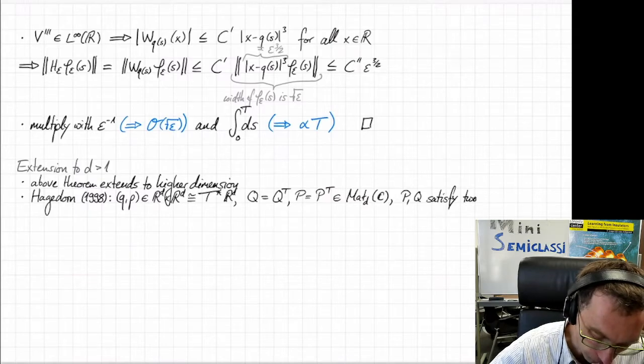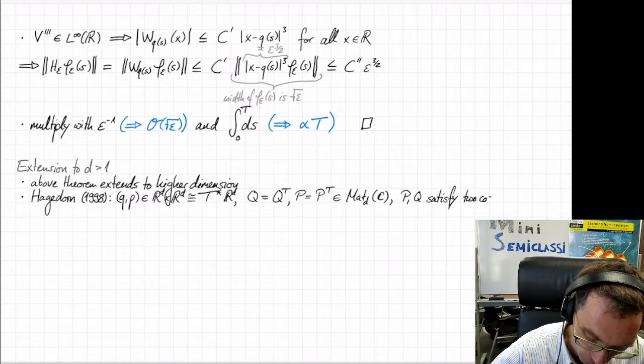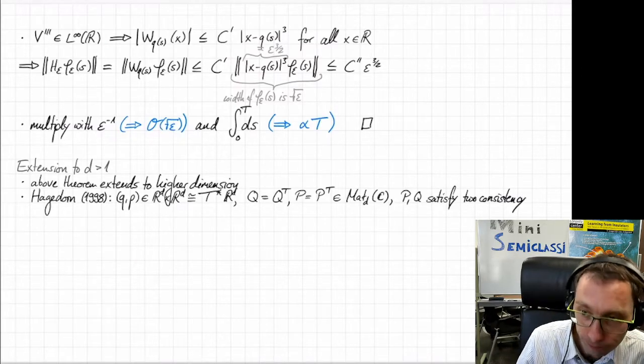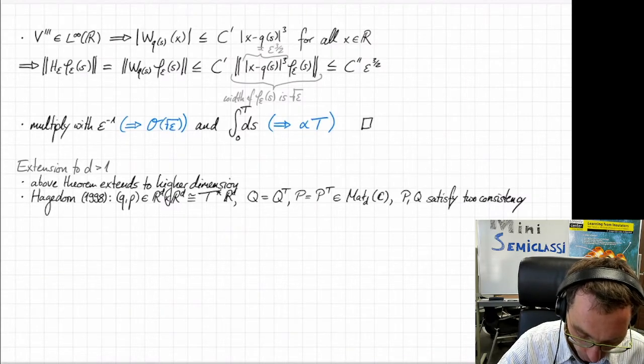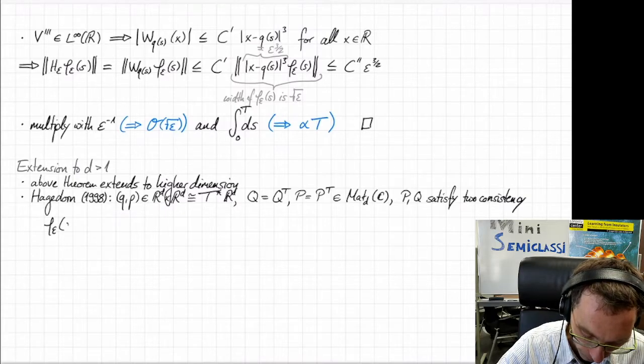So you can think of them as consistency relations. They are preserved under the dynamics. This is something you can prove. And then you can parameterize your Gaussian wave packets in terms of q, p, capital Q, capital P.